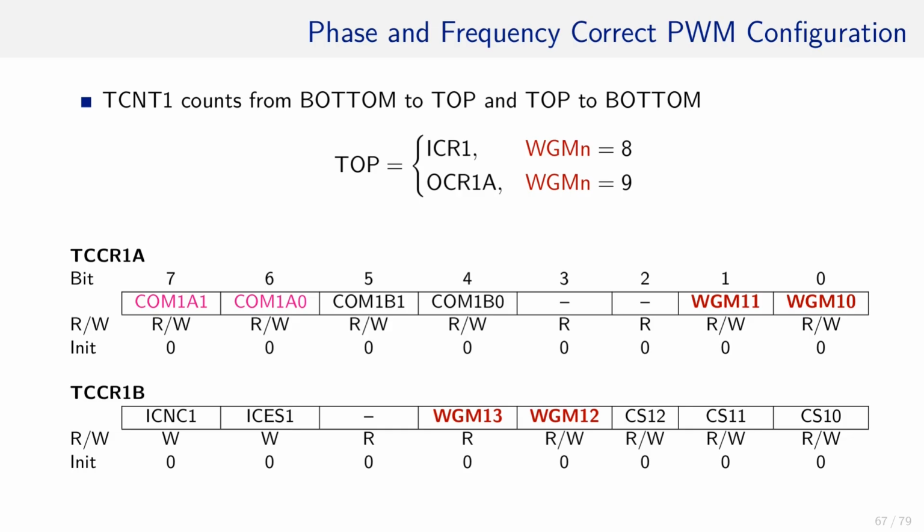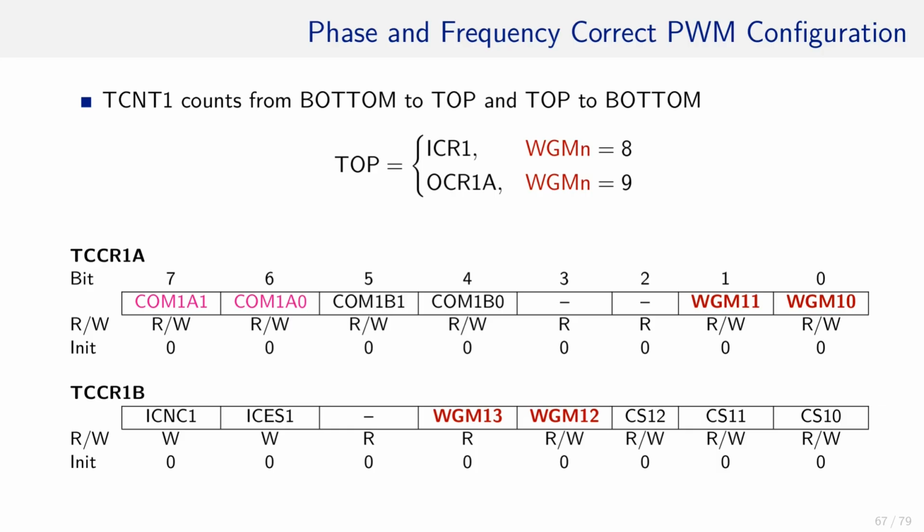To configure the timer to the phase and frequency correct mode, set the WGM bits to 8 or 9 to use ICR1 or OCR1A respectively. While we already encountered OCR, what is ICR1?